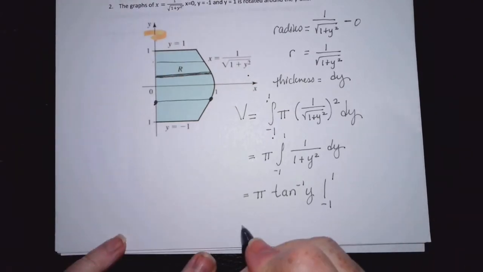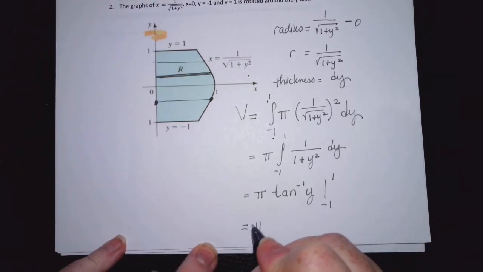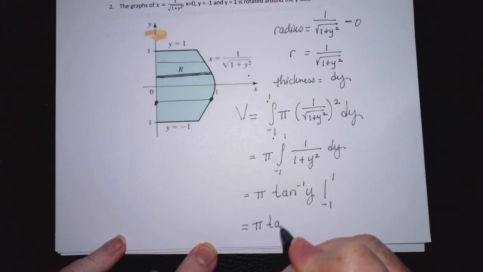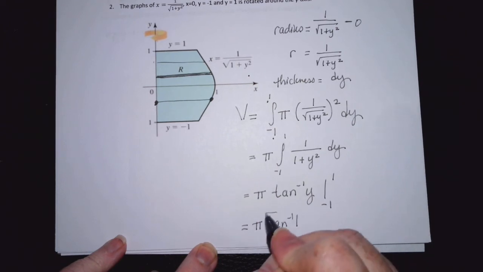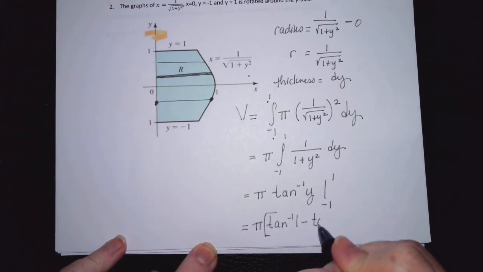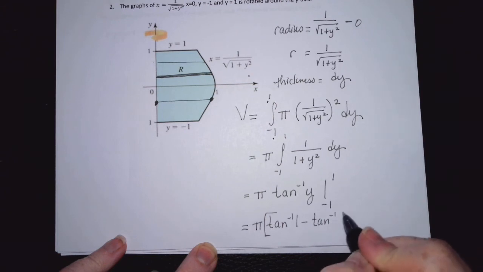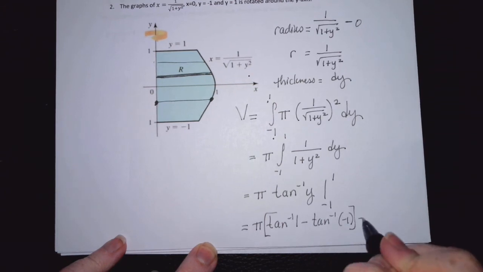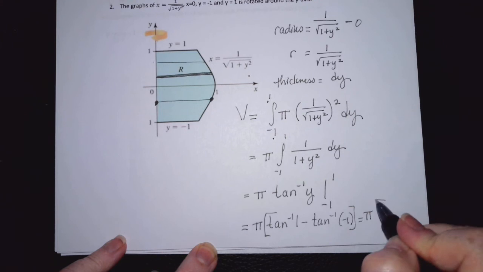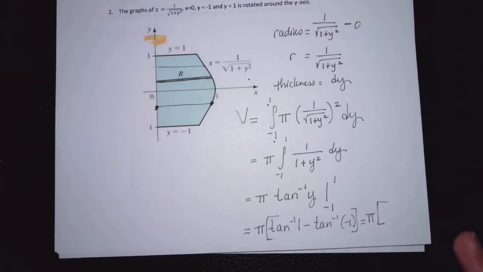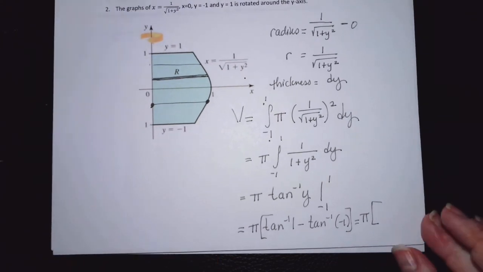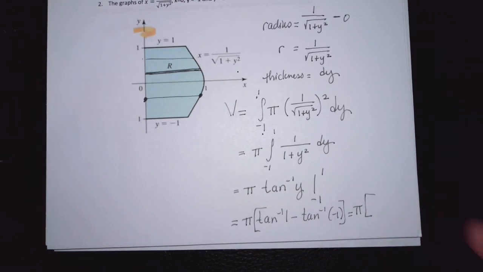Okay, so we will have pi times the arctangent of 1 minus the arctangent of -1. So that's pi times the arctangent of 1. Remember, that is an angle between -pi/2 and pi/2 whose tangent value is 1.